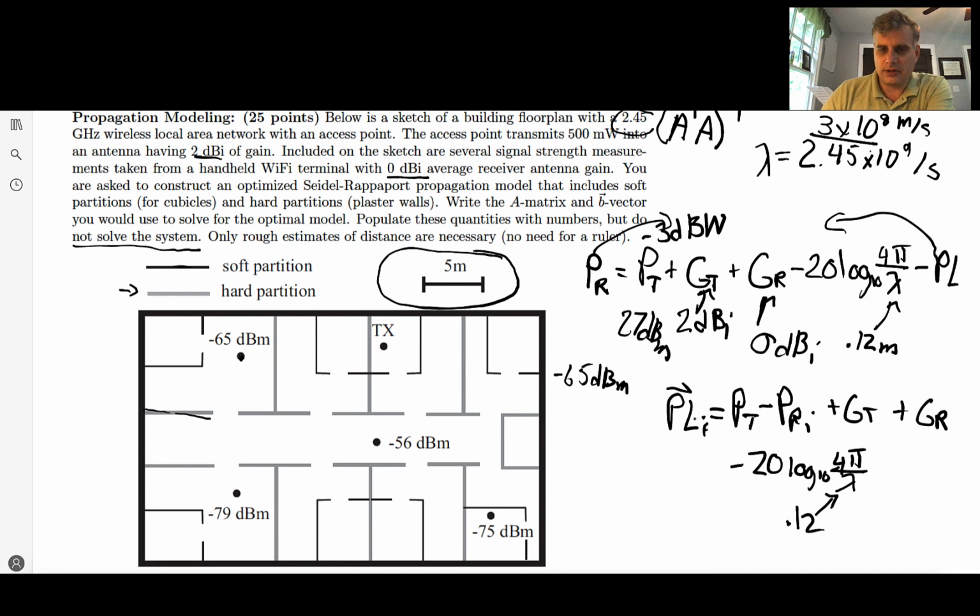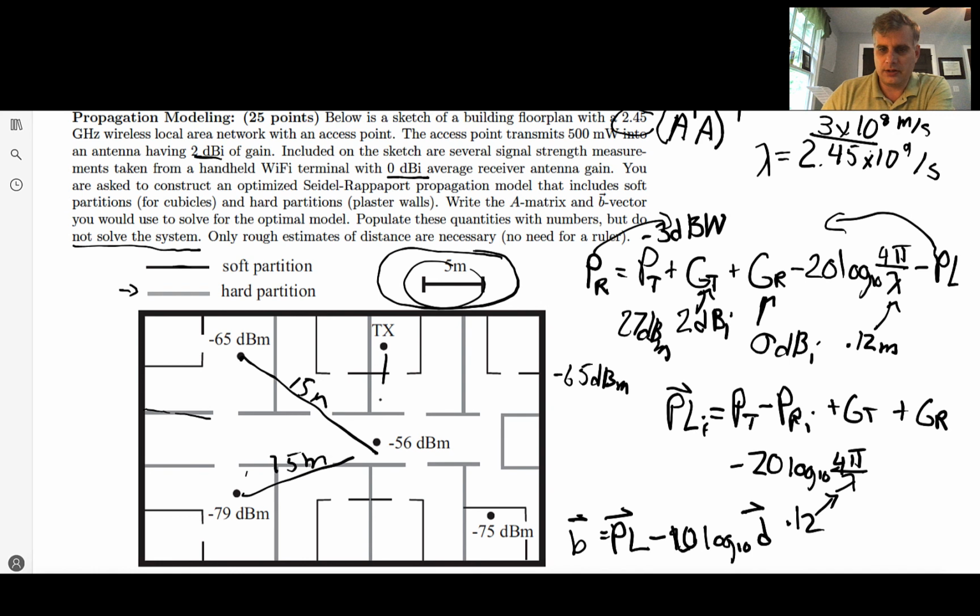Now, if we wanted to, we could furthermore define B to be equal to path loss minus 20 log base 10 of the distance. And we can go in and calculate the distance for each one. This one looks to be about 3 of these units, so that's about 15 meters. This is probably close to 15 meters.